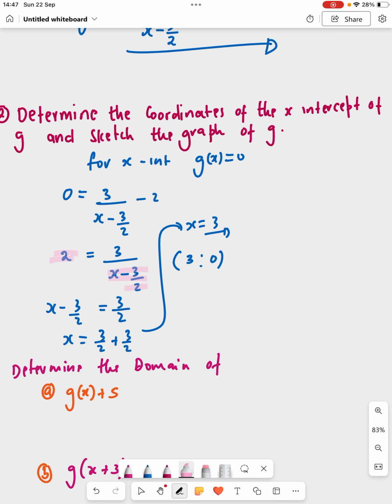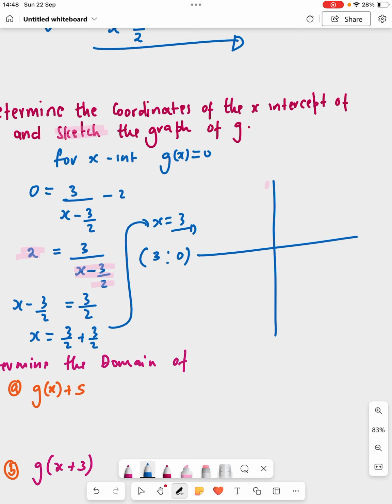And sketch the graph. So we are also required to sketch the graph of G. Now, here is our graph. We have x-axis. We also have y-axis. So we were given the range. So we do have our horizontal asymptote.